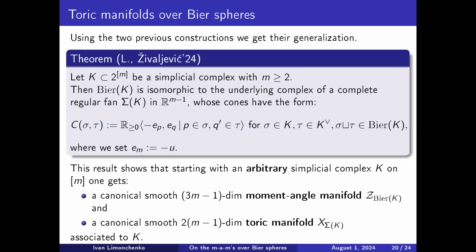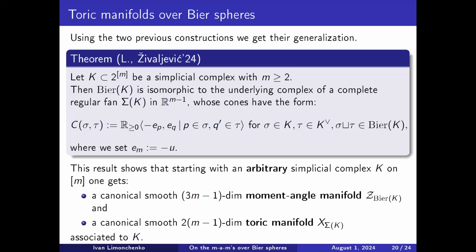And if this is a fan, then obviously it's regular. To prove that it's a complete fan, we actually use the completeness of the fan from Jeftić, Timotijević, and Živaljević. We perform a certain operation on it, and we obtain this one. So it remains a complete fan, and it's regular, and we are done.